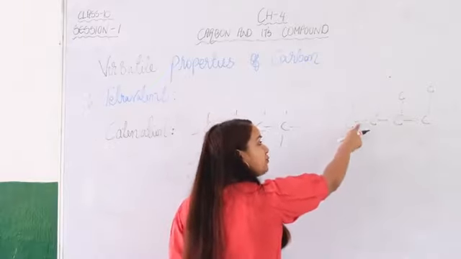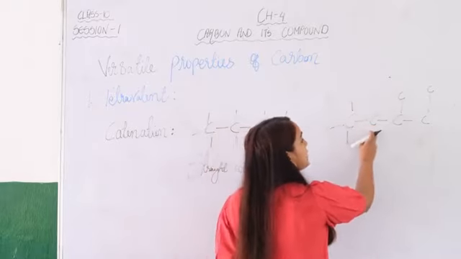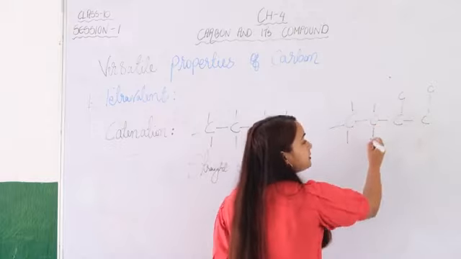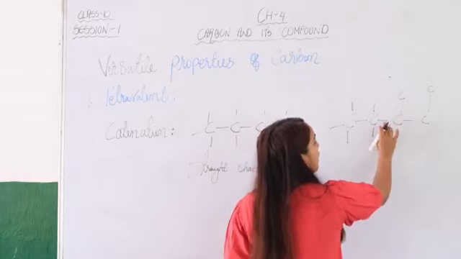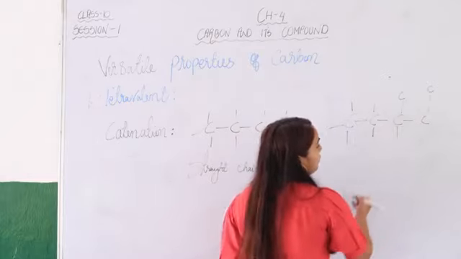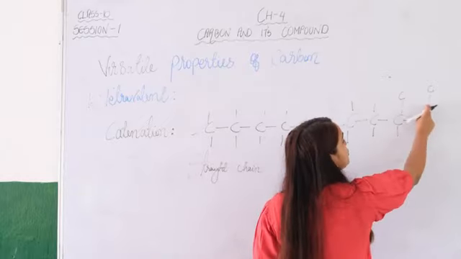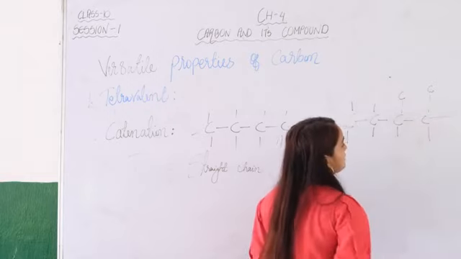It already has 1 bond, so it will again have 3 bonds more. This carbon already has 2 bonds. It needs 2 more bonds to attain 4 bonds. This carbon, you count the bonds. 1, 2, 3. 3 bonds already, so it just needs 1 bond. Even for this carbon, you count the bonds. 1, 2. So it needs 2 more bonds to attain tetravalency.